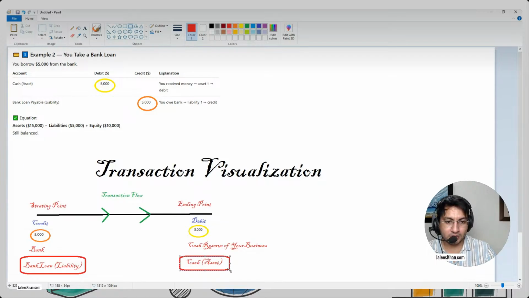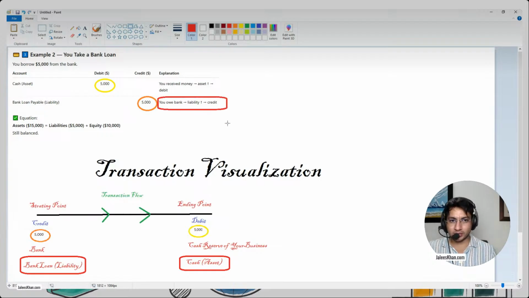Debit and credit just show the starting and ending point of the transaction. And these are the accounting terms and accounting rules of your businesses, and there is an explanation about what is increasing what.